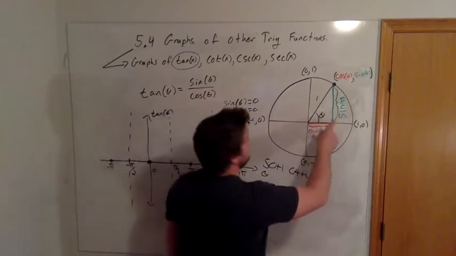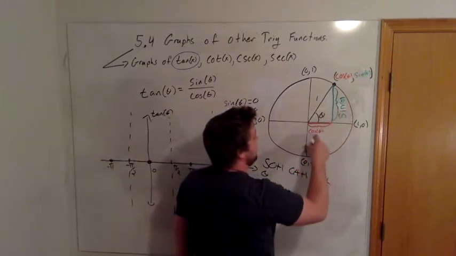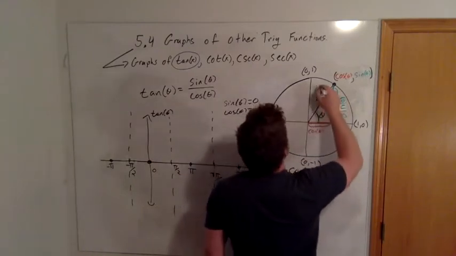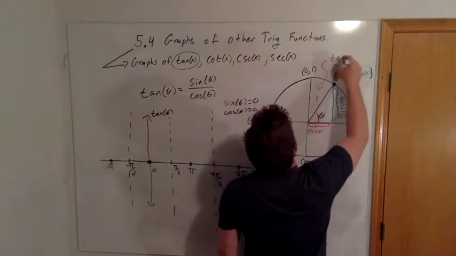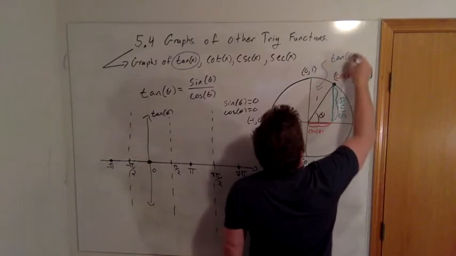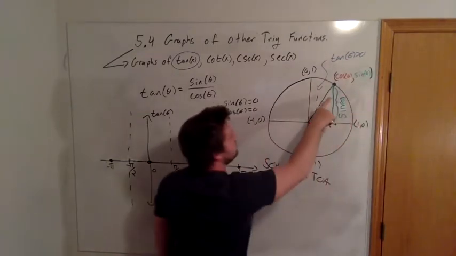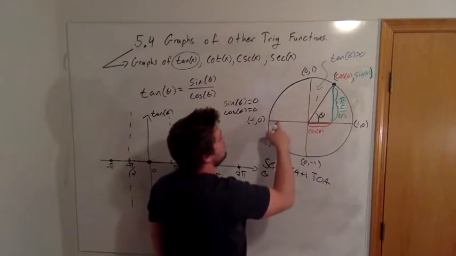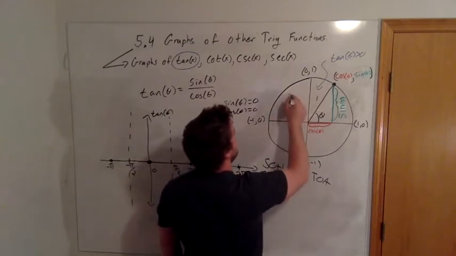Well, in quadrant 1, sine is positive and cosine is positive. So tangent of theta is positive in quadrant 1. Over here, cosine, or the x-coordinate, is negative and the y-coordinate is positive.